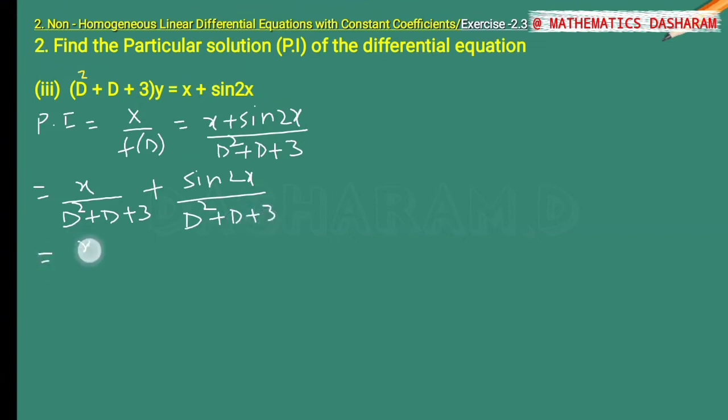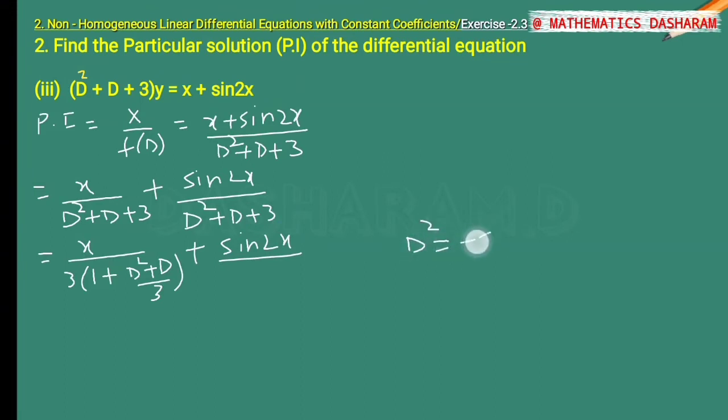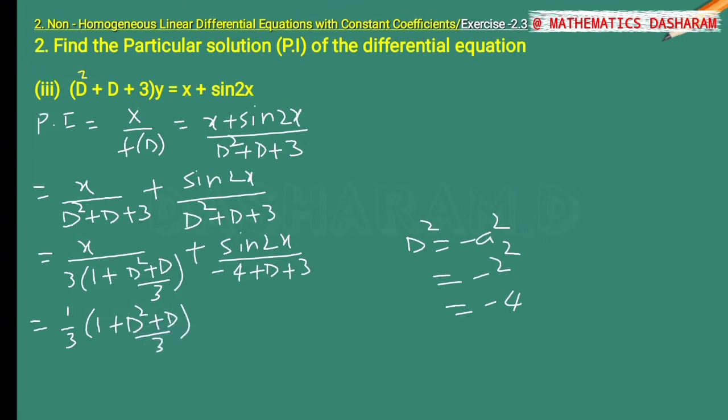So it equals x by, here take the 3 common in the denominator, so 1 plus D square plus D by 3, plus, here we can substitute D square as minus a square, so minus 4, so minus 4 plus D plus 3. It equals 1 by 3, 1 plus D square plus D by 3 whole power minus 1 into x plus sine 2x divided by D minus 1.